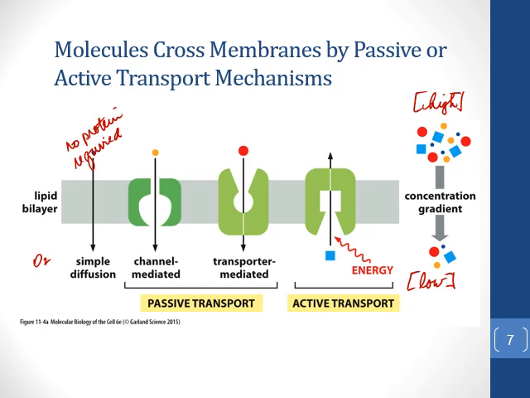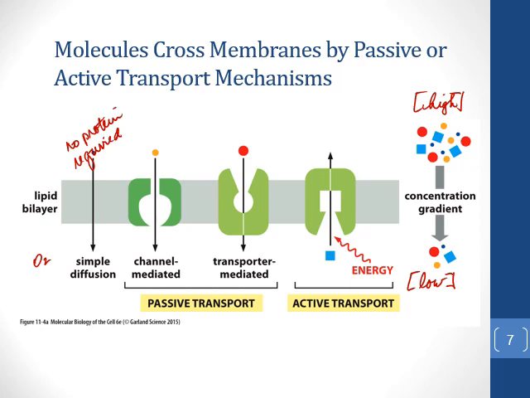But what if it's got a low permeability coefficient? Now, a low permeability coefficient just simply means that it can't diffuse across the membrane because its permeability coefficient is so low. In other words, it's not soluble in that membrane. But the concentration gradient would favor movement across that membrane.